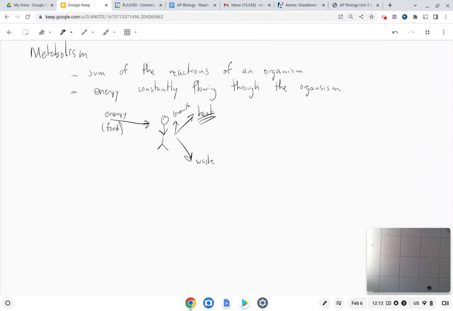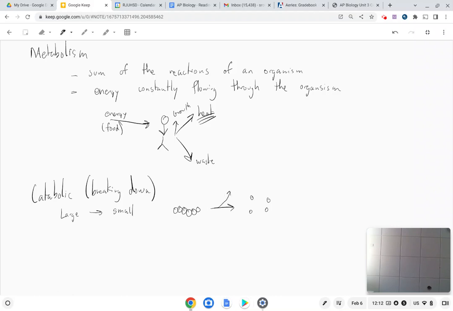All right, so there are two different types of reactions. The first is catabolic, which can be thought of as breaking down. This is what you do when you digest your food. You're going from large molecules to small. Maybe you've got a polymer, and the polymer is broken down into monomers.